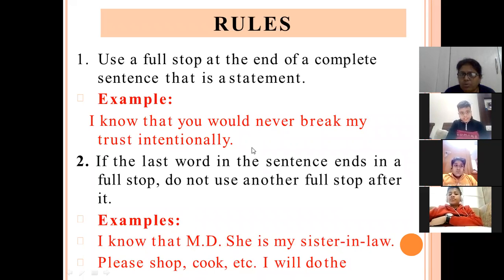MD is a short form, an abbreviation. Like Master of Medicine, or like BA, Bachelor of Arts, in the same way MD is also an abbreviation which is used here. Please shop, cook, etc. I will do it. The sentence is not given fully, so I am not explaining it more.